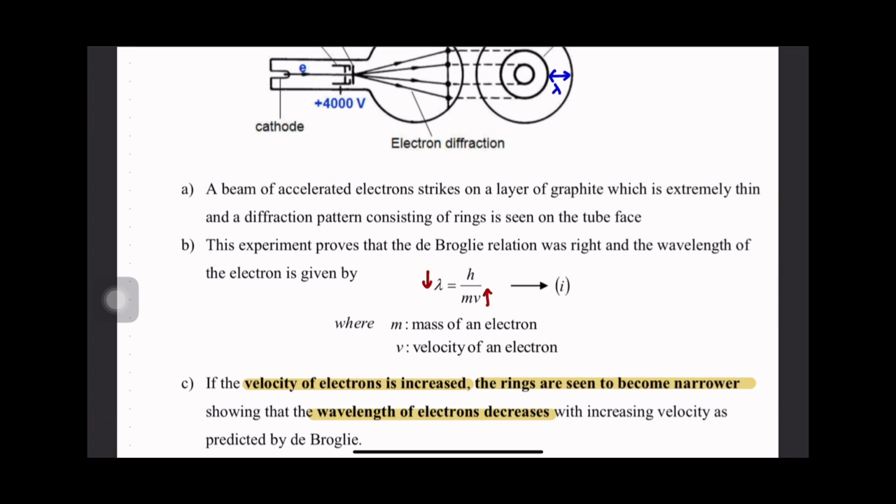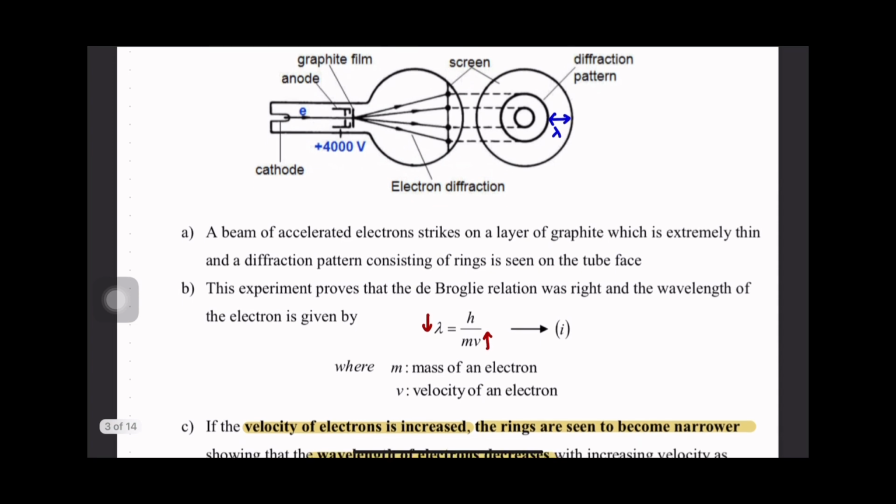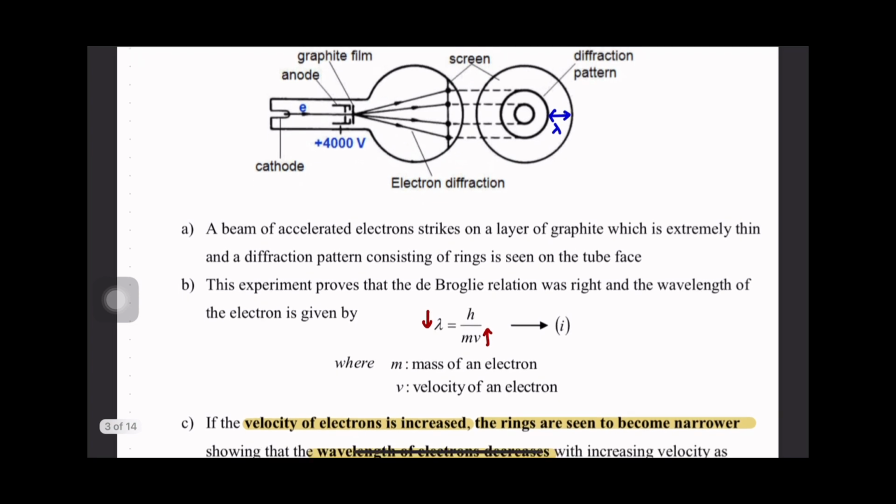The rings are seen to become narrow, showing that the wavelength of the electron decreases with increasing velocity as predicted by de Broglie. So means that kalau velocity tinggi, maka ia akan nampak jarak antara ring tu semakin narrow. So means dia menunjukkan bahawa wavelengthnya berkurang.